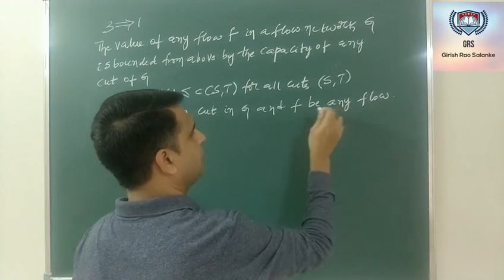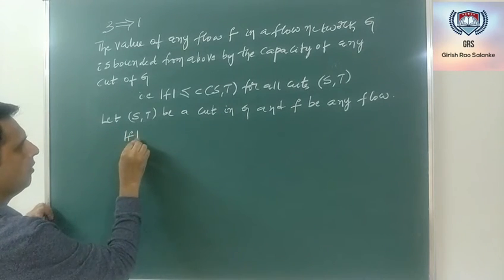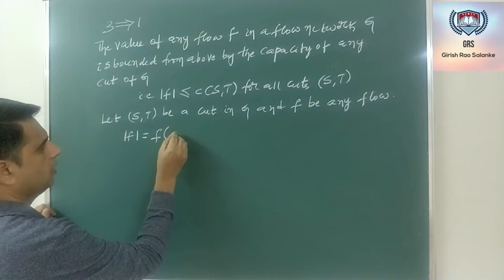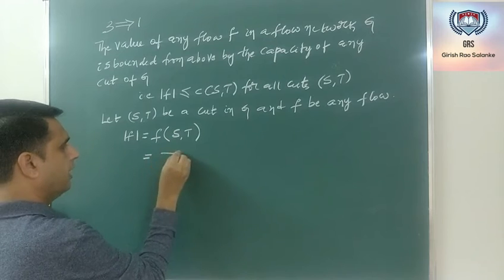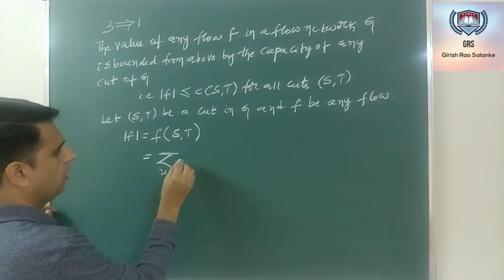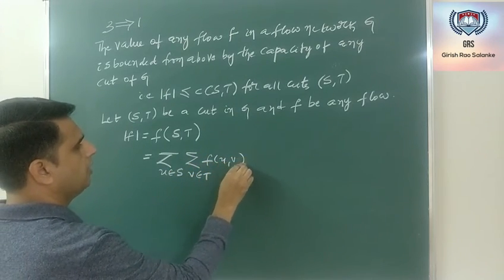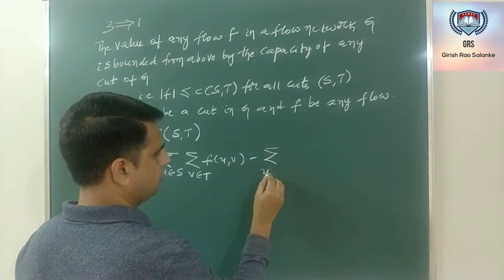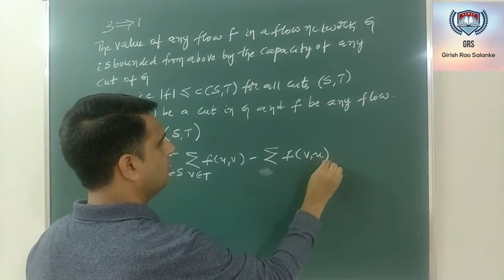What I need to prove is that F is the max flow. We know that F is equal to the net flow on ST. How do we denote this net flow on ST? This is nothing but the summation of U belongs to S and summation of V belongs to T of F of U comma V, minus the summation of F of V comma U, same thing.